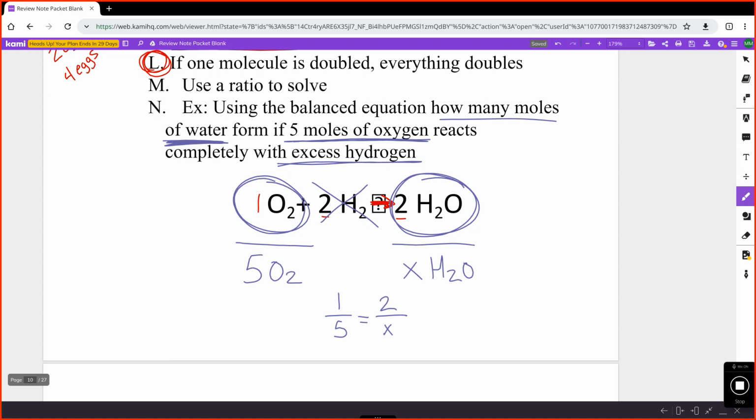Cross multiply and divide, and what you would find out is that if I start with 1 mole of O2 and end up with 2, and I change that 1 to a 5, my 2 would then create 10 moles of H2O.